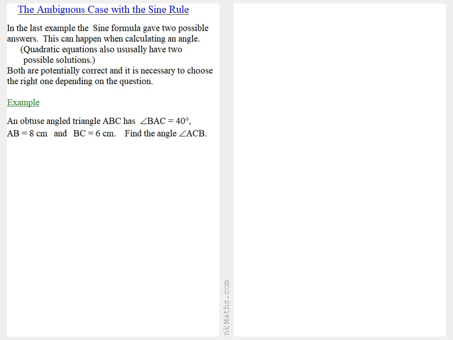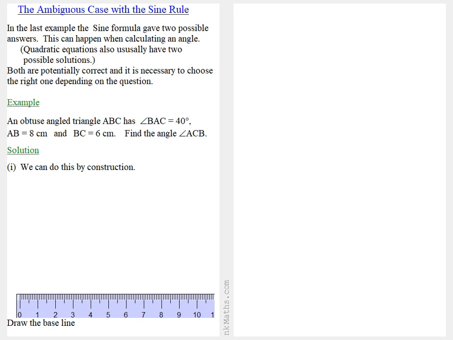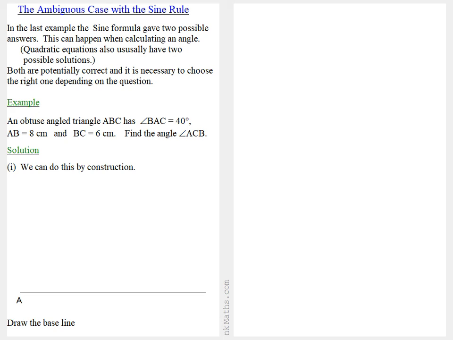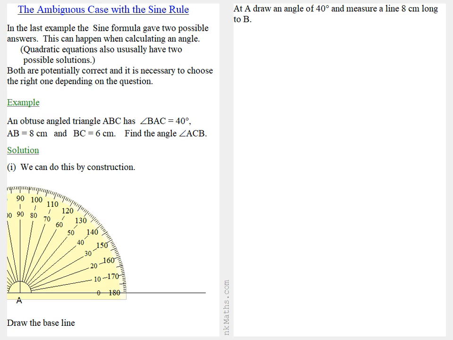Find the angle ACB. Well, one method of doing this is by construction. We start by drawing a base line. We label the end of the line A. Now we draw an angle of 40 degrees at A. We use a protractor to do this.